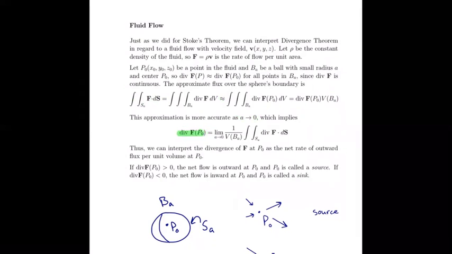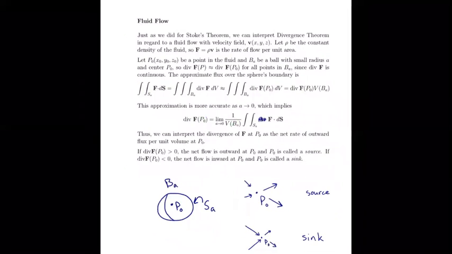The divergence of f at this point p naught is equal to the limit as a goes to 0 of 1 over the volume of b sub a of the flux integral of f across s sub a. In fact, this divergence actually should not be here. That's a typo.